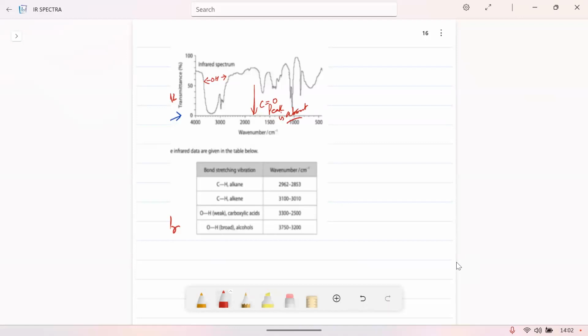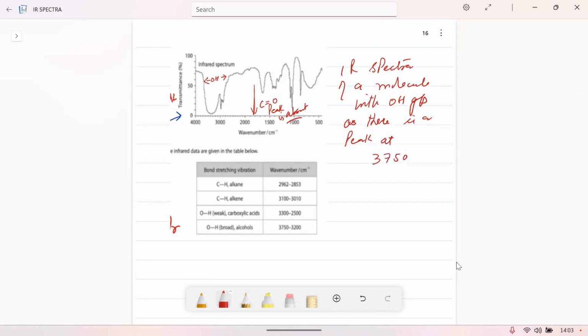So this clearly shows that this is an IR spectra of a molecule with an OH group, as there is a peak at 3750 to 3200.